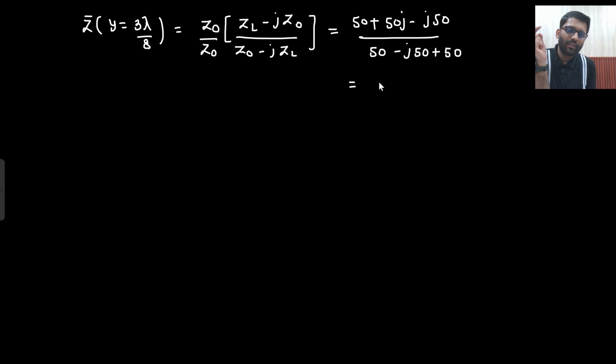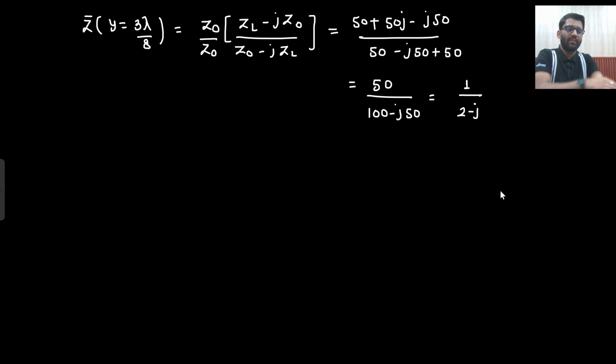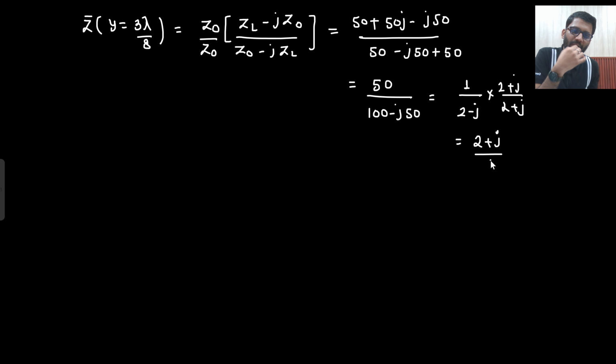So what we are getting is 50 divided by 100 minus J50, that is equal to 1 divided by 2 minus J. If I multiply by 2 plus J, what you are getting is 2 plus J divided by 5.